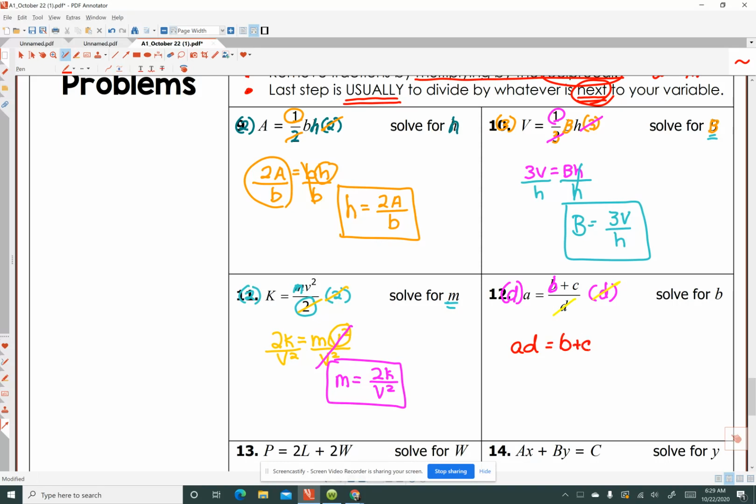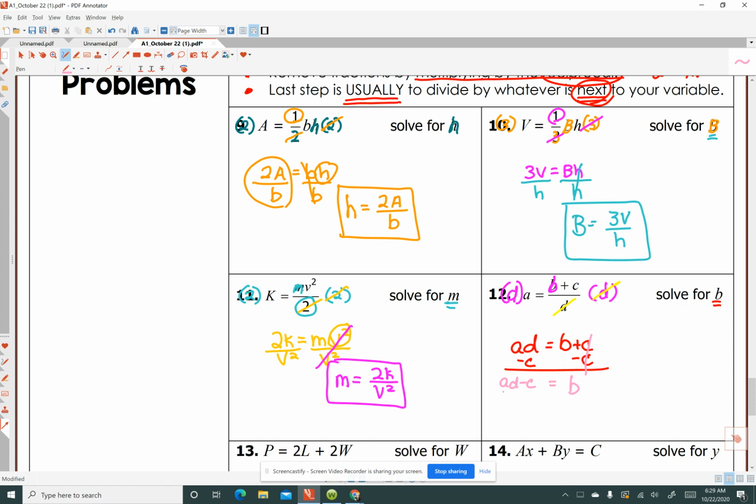B plus C on the right. Now remember, we're solving for B. What's happening to B? C is being added to it, so we'll subtract C. And whatever I do to one side of an equation, I have to do to the other. So on the right side, I have my B isolated, but on the left side, I have AD minus C. Now, I know I told you that I like to put my variables in ABC order, if possible.